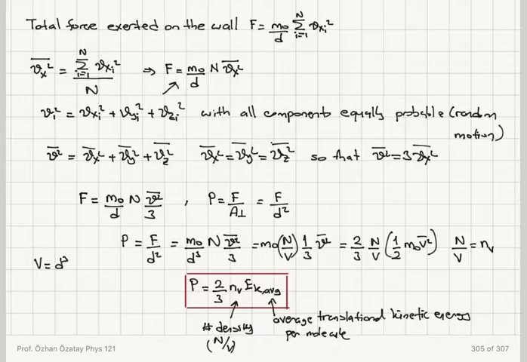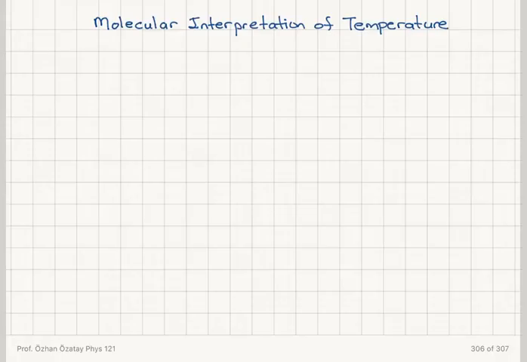Now, if we take this calculation one step further, now that I know the pressure is given by this equation, 2/3 number per volume, 1/2 m0 v square bar, I want to write the ideal gas law. So what is the ideal gas law?